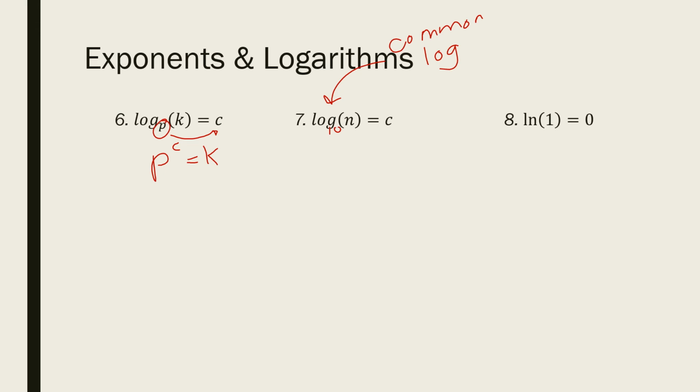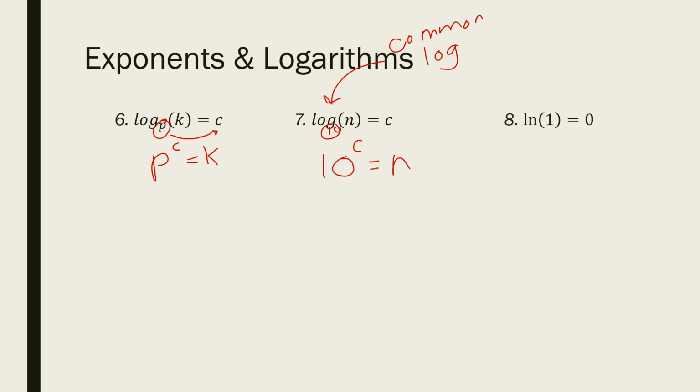It's so common that when you use base 10 with logarithms, you don't even have to write the 10. Okay, so here if we're going to convert, we're going to start with that base of 10. This would be 10 to the c power equals n.